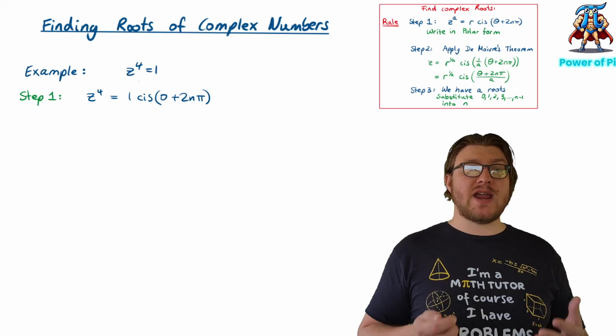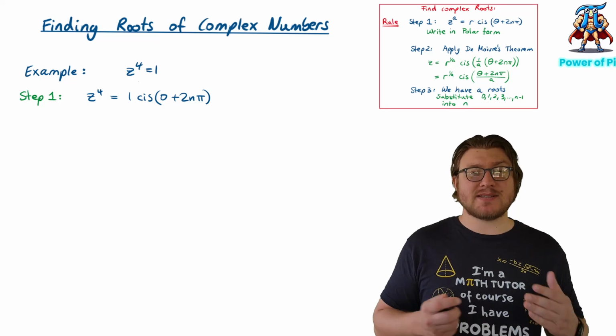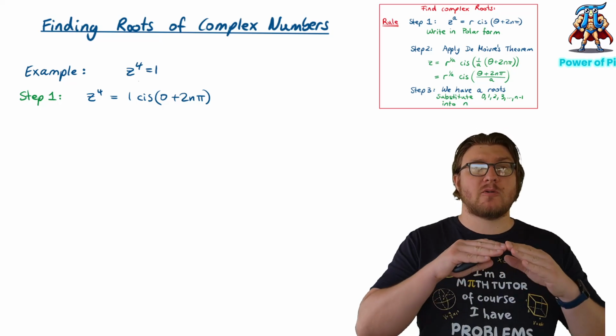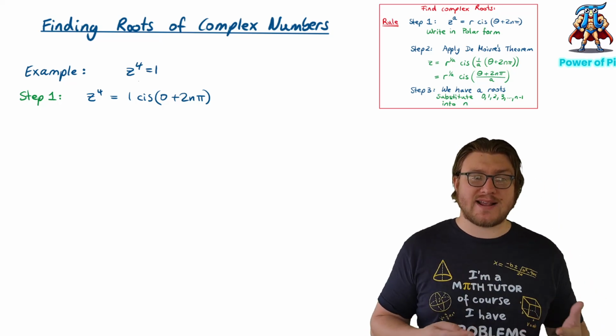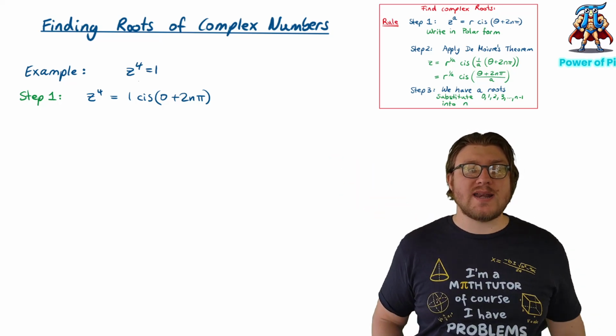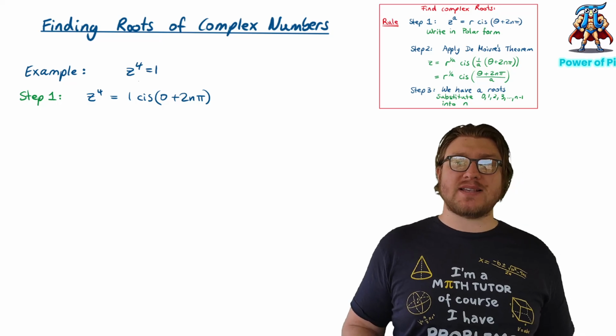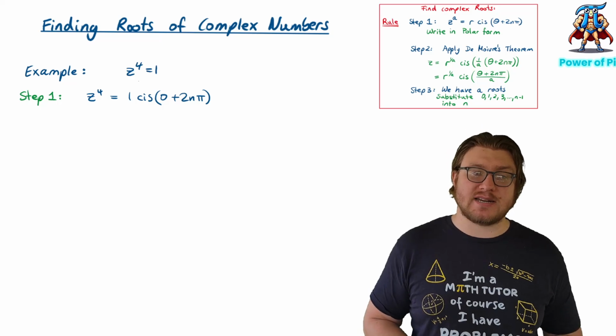Also, the radius, the modulus, is the same as the real number itself because we don't need to do Pythagoras' theorem on the horizontal and vertical axis. So, as long as you can write your 1 as 1 cis (0 plus 2n pi), everything else will now fall into place quite easily.